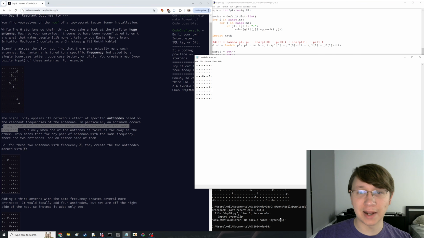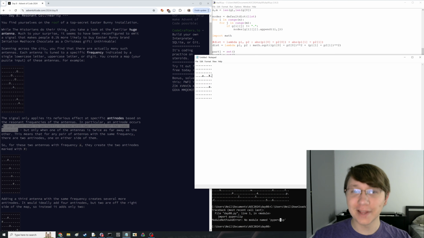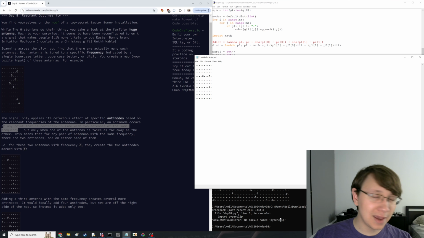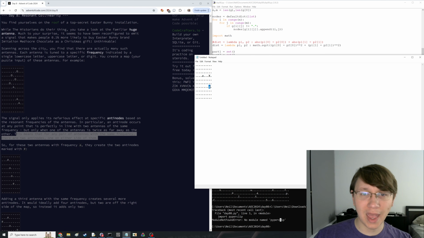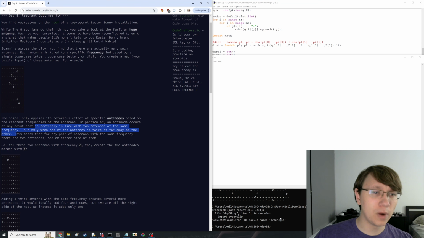I read this and I was like, oh, lines can only go vertically or horizontally. Not actually true, but that's what I was thinking. I guess if my interpretation was really the case, then it should have been a tip-off because it said that there's exactly 2 antinodes. And there would not be in this case because of the requirement that one of them is twice as far as the other.